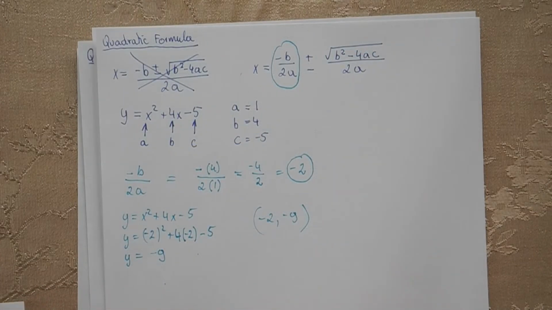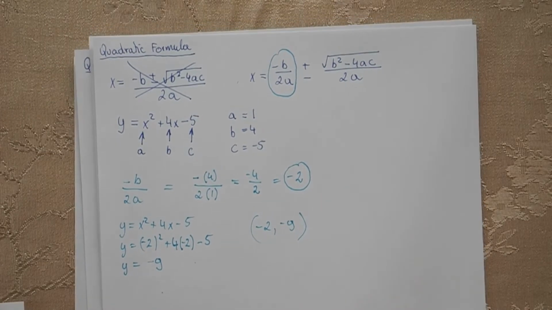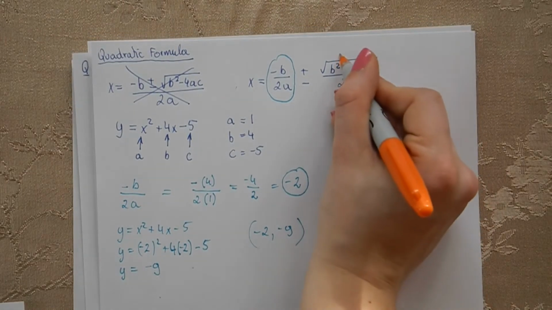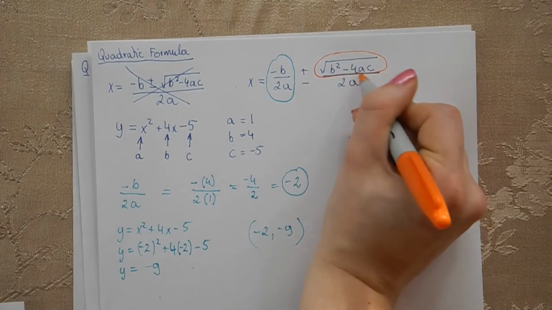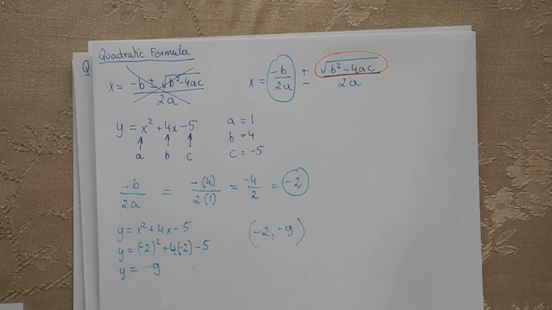Now, if we look at the next portion of the equation, only the radical part of the formula, which is square root of b squared minus 4ac, this is very useful when calculated by itself because it indicates the number of zeros the parabola will have.